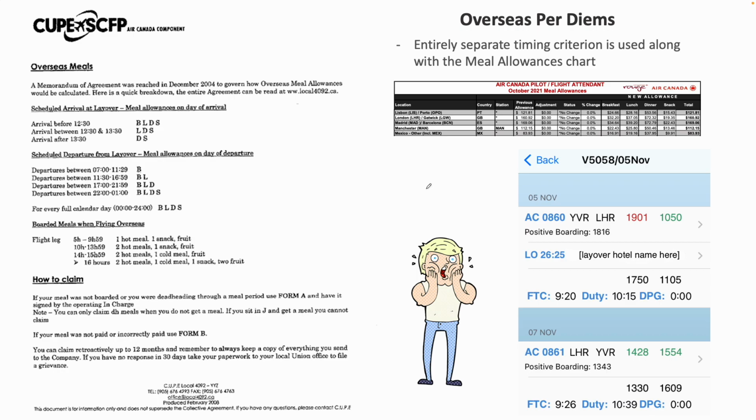For any layover at an overseas destination that involves more than one calendar day, that is to say there's a full calendar day where you are not arriving or departing from that station, you are entitled to all 4 of the meals at the layover destination's rate. So that would be breakfast, lunch, dinner, and snack.